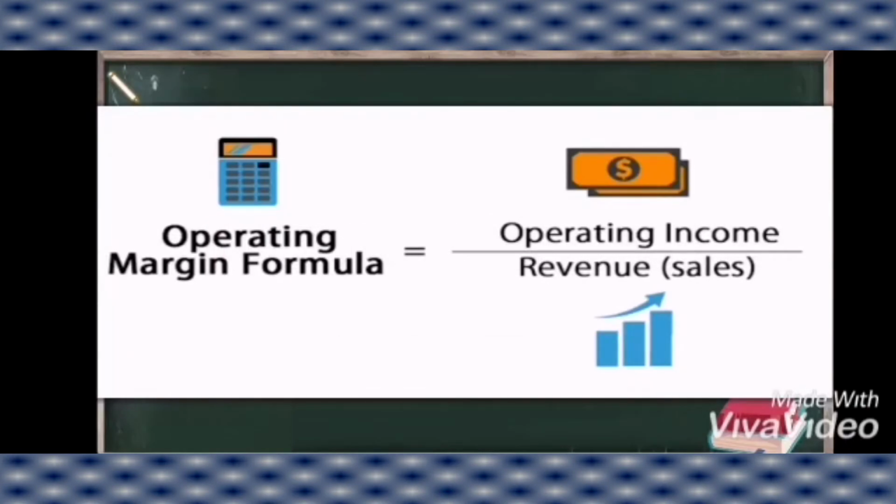So sa video, nakita na nato ang formula sa operating margin. So operating margin is equal to operating income divided by revenue. According sa video, ang operating income is the amount of profit left after taking out operating expenses and depreciation. So unsa ang operating expenses?